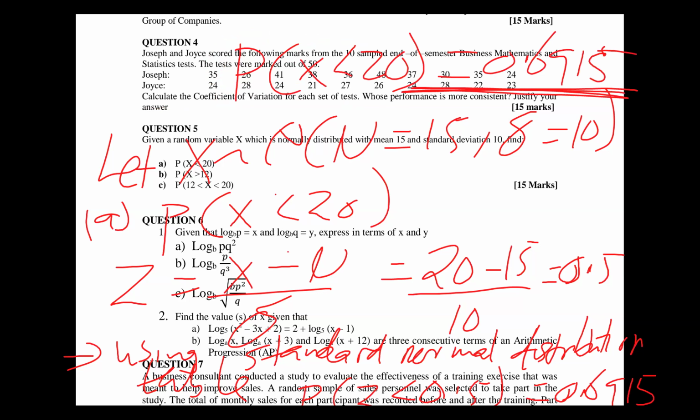That's how the probability is found. So that's the one for A.